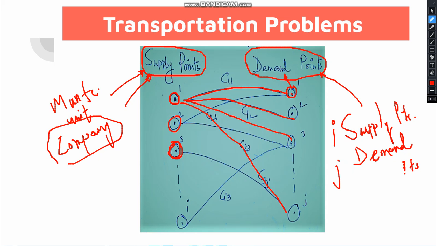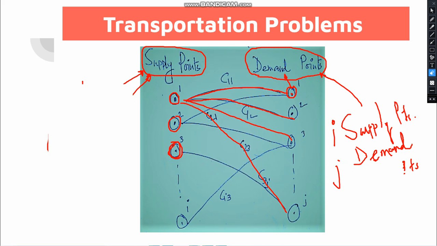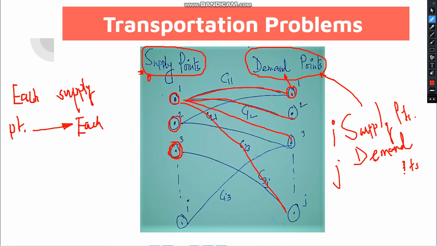So from each supply point to each demand point.